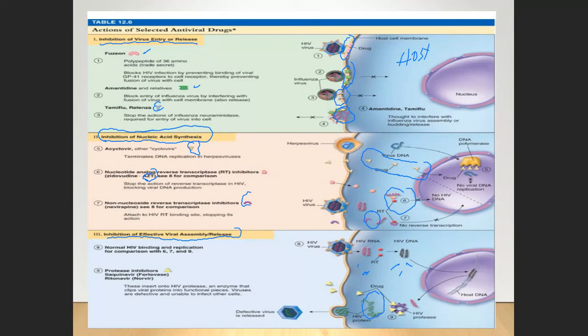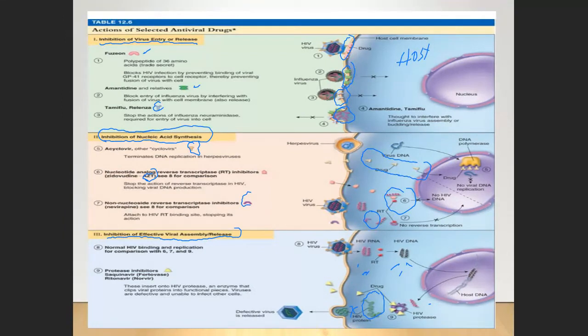Or maybe some drugs will block the release. So the virus basically just stays in one cell, unable to exit the host cell to infect other cells. So this is the group of antiviral drugs. Again, there are three groups.